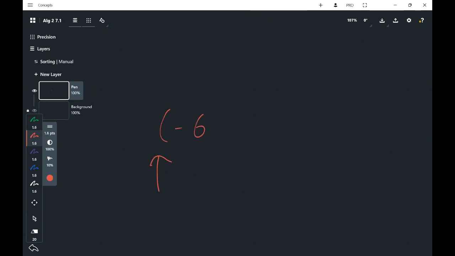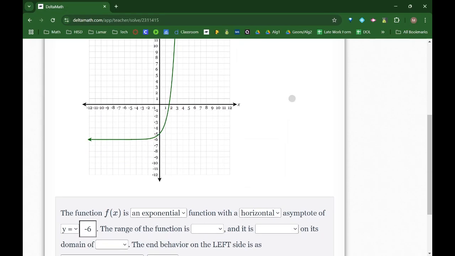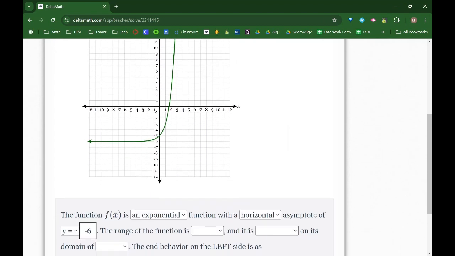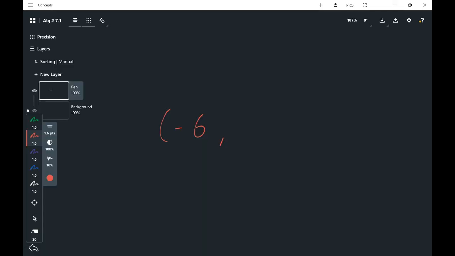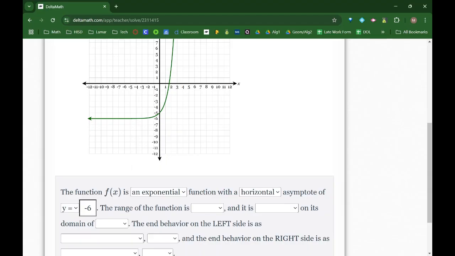This open bracket means it never equals -6. Okay, and let's think about the upward bounds of our y values. Well, our y's go on, you see this arrow up here, this is going up infinitely. That means our upward bound is positive infinity. So this is our interval for our range.